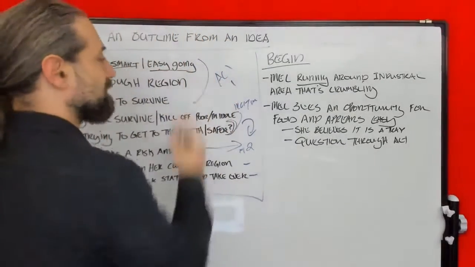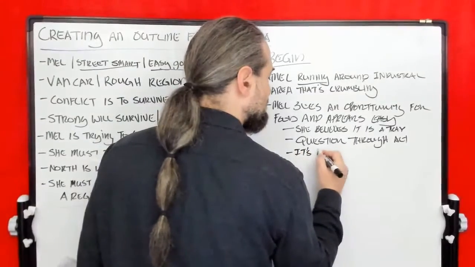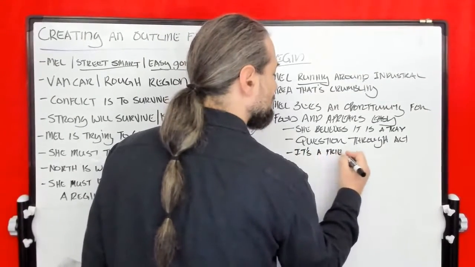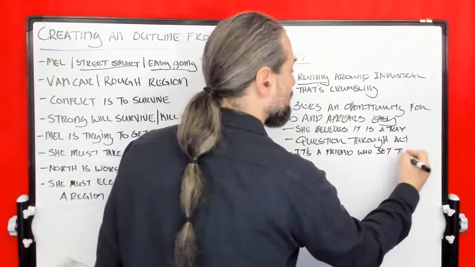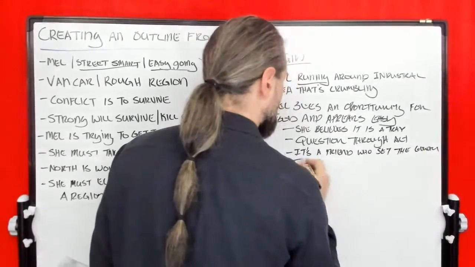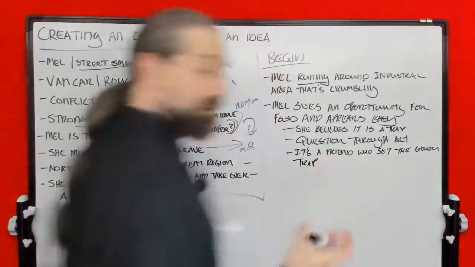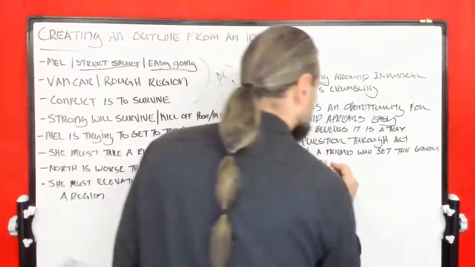So we get the easy going thing, right? We could have it that it's a friend who set the general trap. It's just a friend who set the general trap. The friend doesn't know it's her, right?